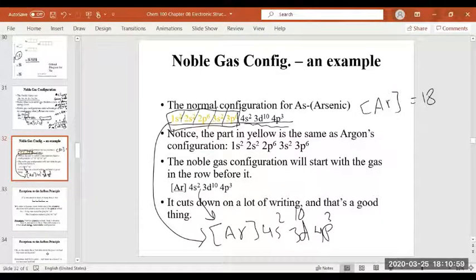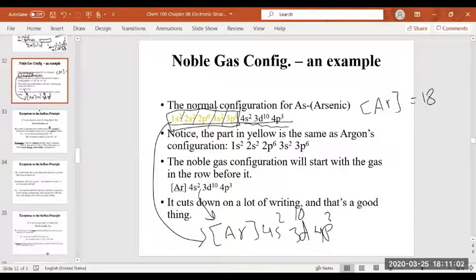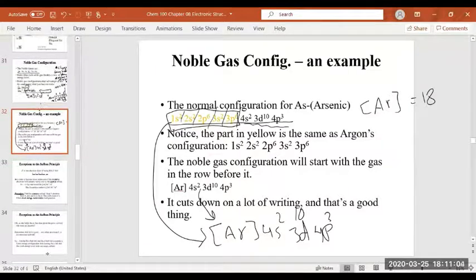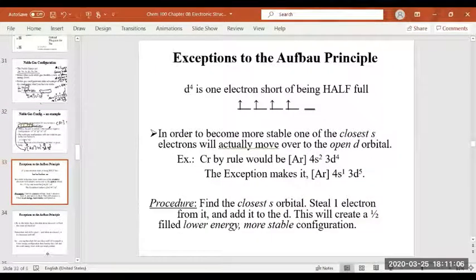Okay, now one more thing we have, let's see. The exceptions to the principle. We have some exceptions. Actually, we have many exceptions, especially when you work with the lanthanides and actinides. But here, we will just focus on these two exceptions.